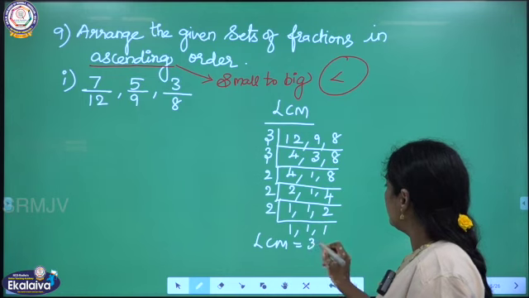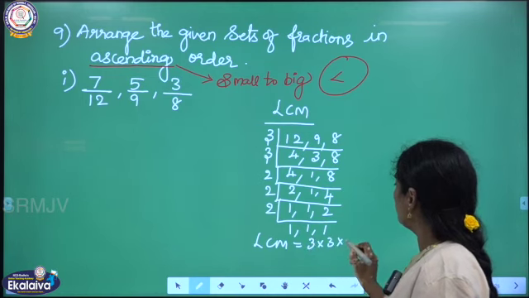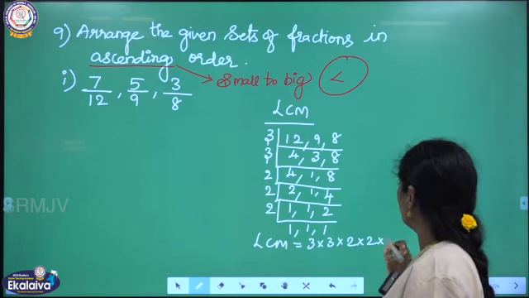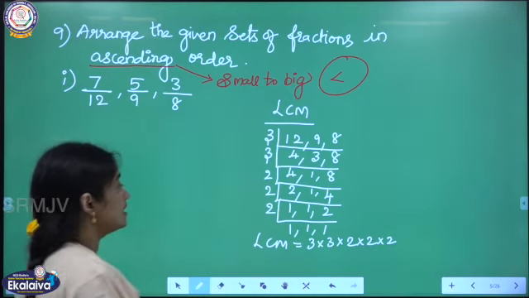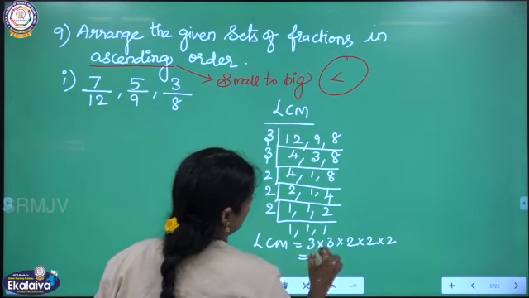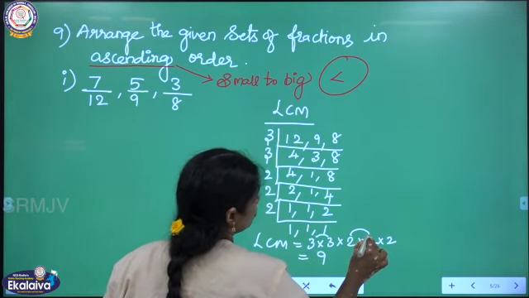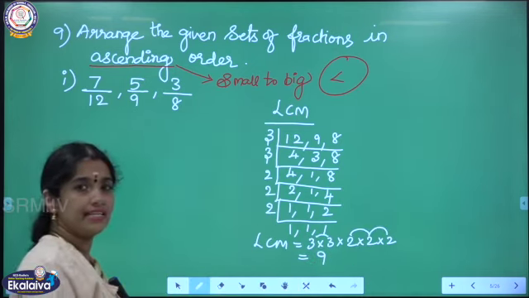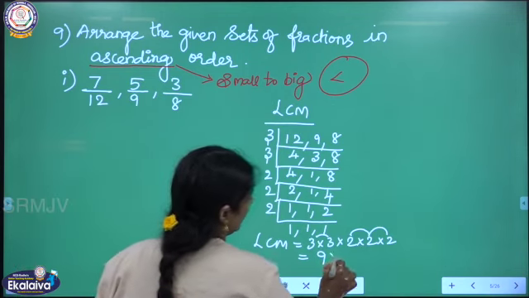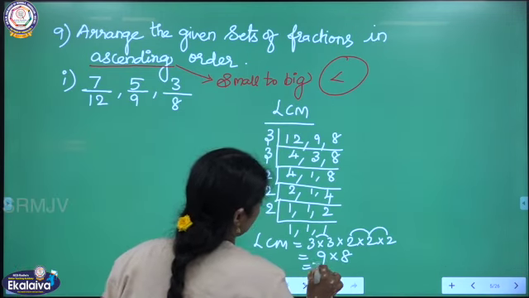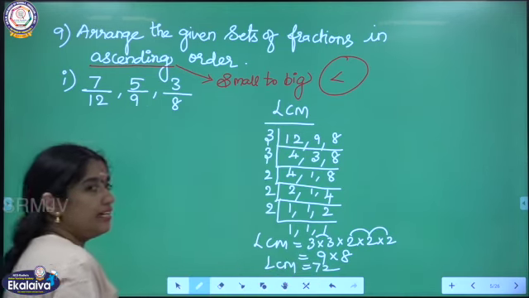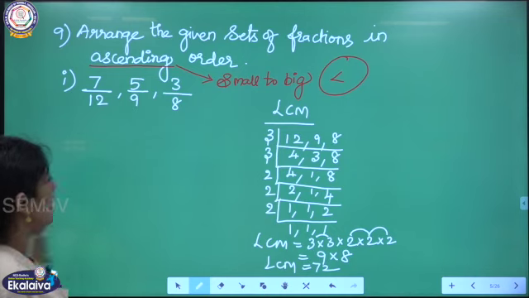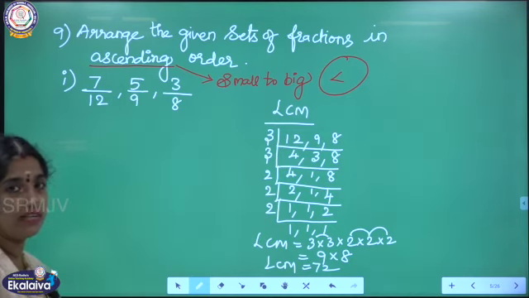Listen, 3 into 3 into 2 into 2 into 2. So listen, children, 3 3s are 9, 2 2s are 4, 4 2s are 8. So 9 8s are 72. Your LCM is 72. So I have to make my denominators 72. Listen.